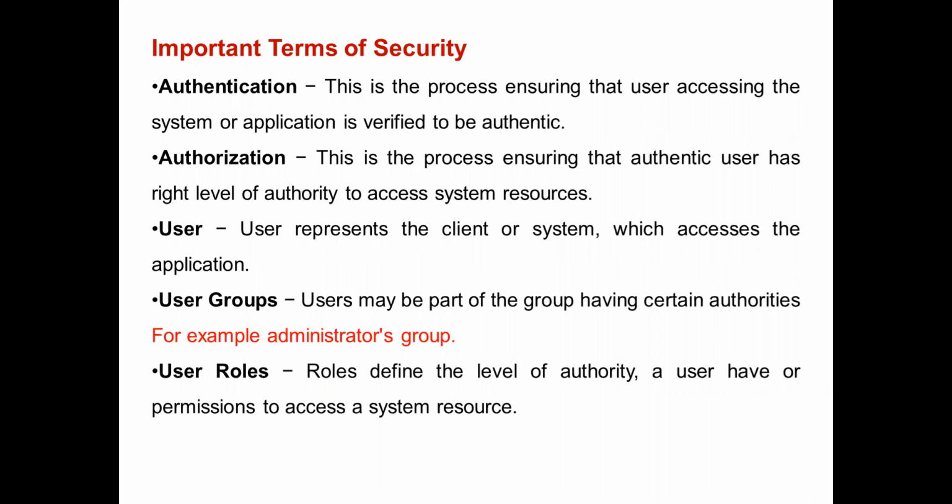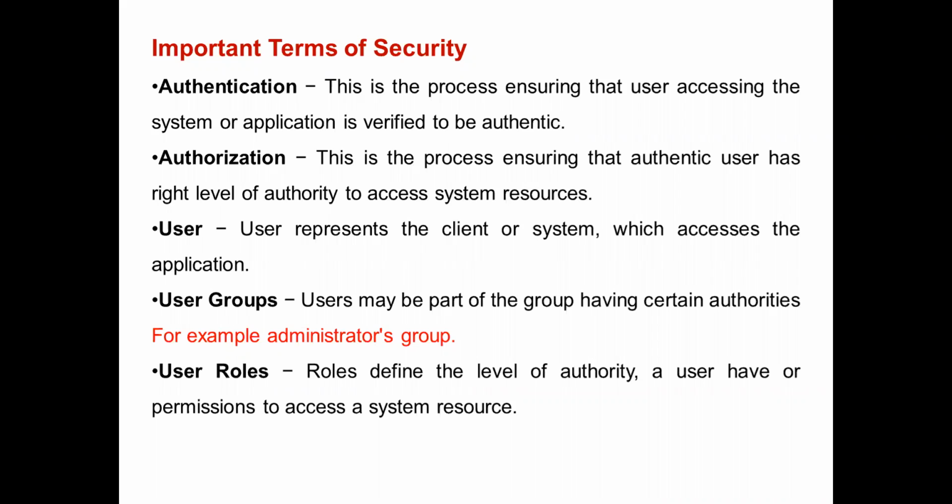Now the user, meaning the developer or others. The user represents the client, or a system which accesses the application. So user can access the system or the application. Then user groups.